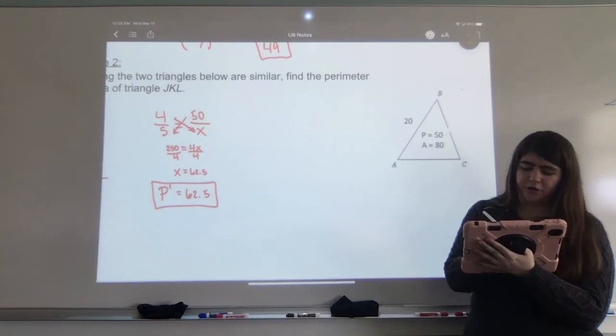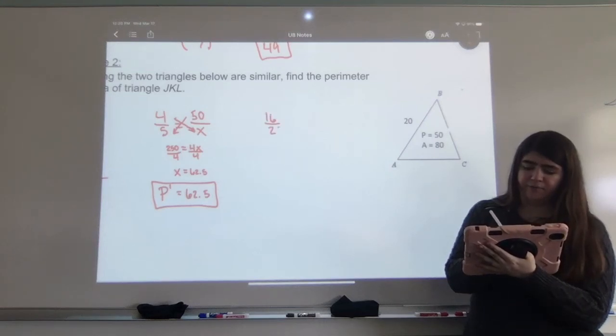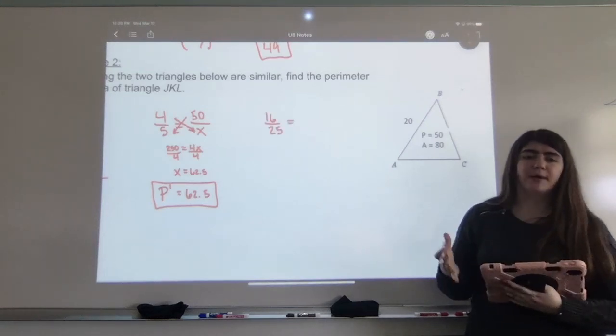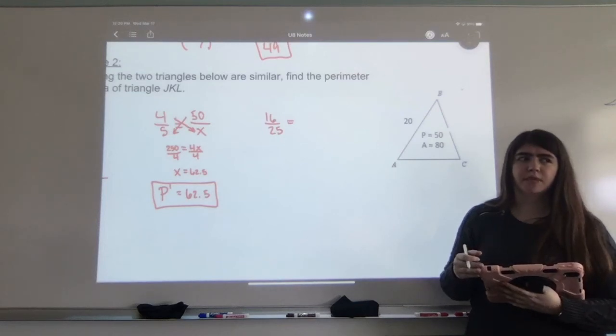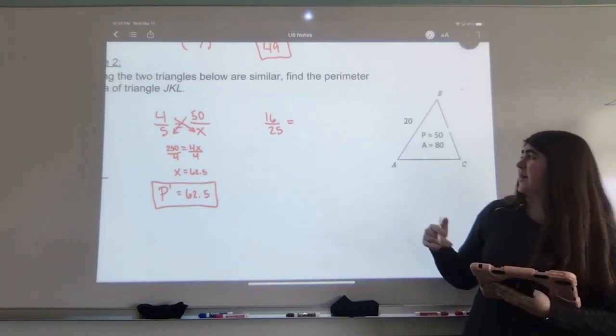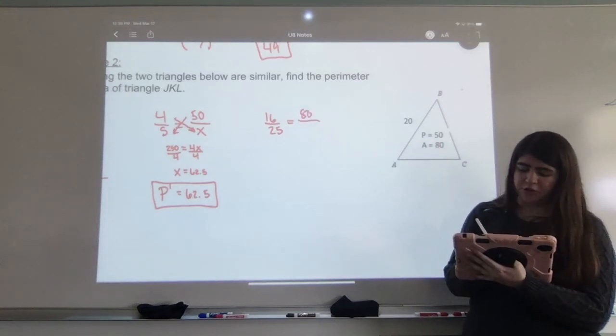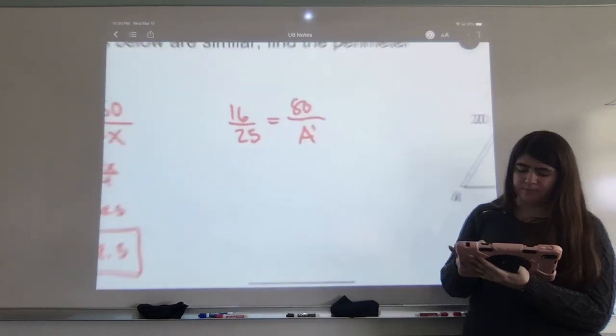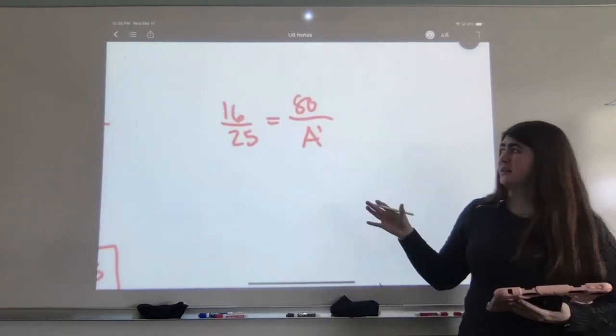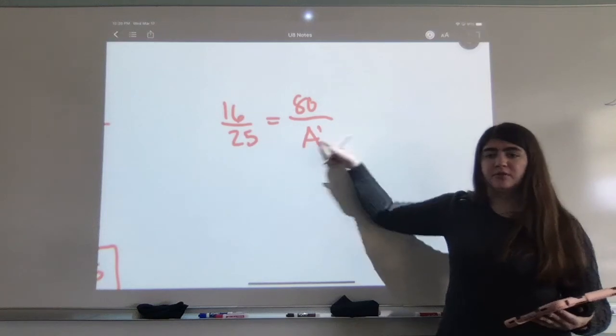My area ratio is 16 to 25, and I know my area is 80 for the small shape, and we don't know what it is for the big shape, so I'm just going to use A for this. So I'm going to once again multiply using these cross products.